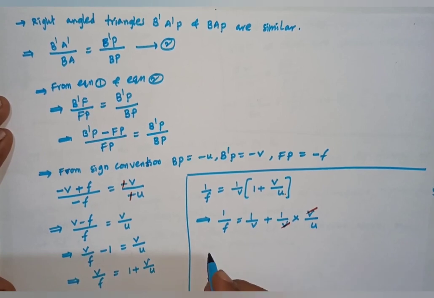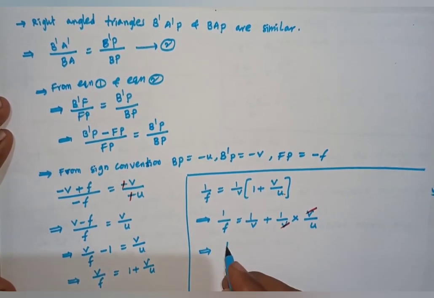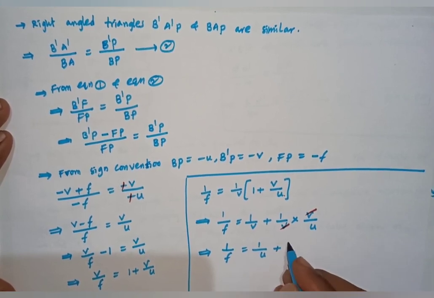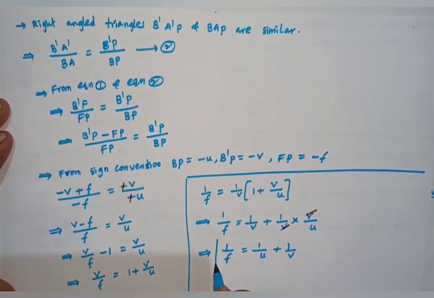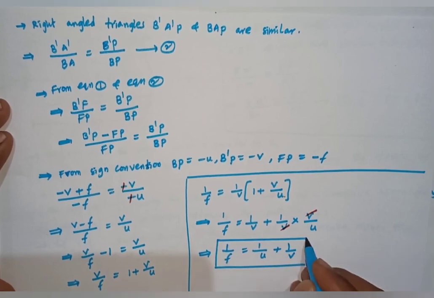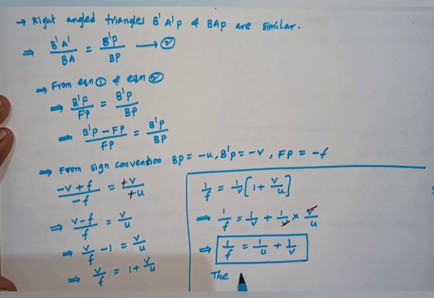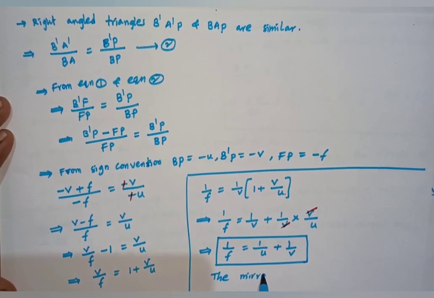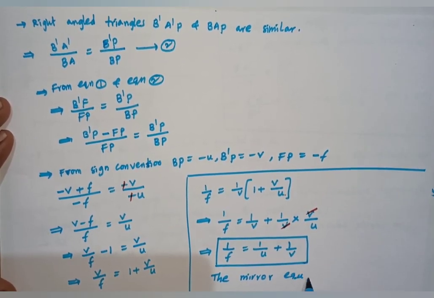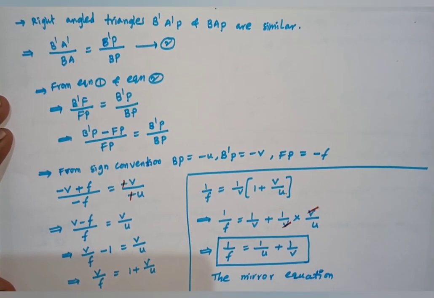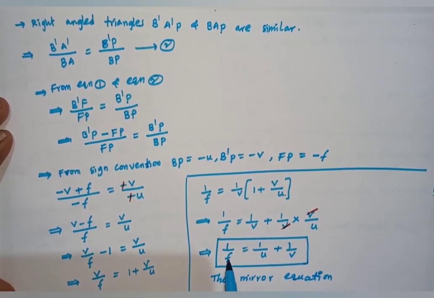So then 1 by f equals 1 by u plus 1 by v. This equation is called the mirror equation of concave mirror or convex mirror. So this is 1 by f equals 1 by u plus 1 by v.